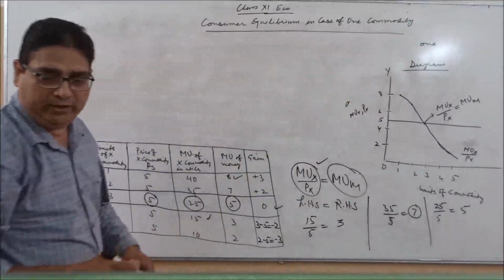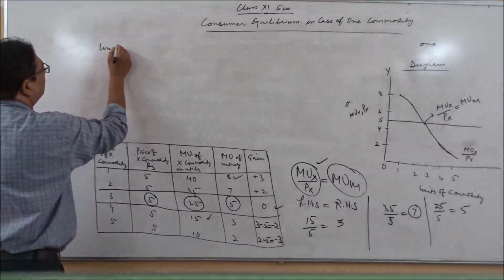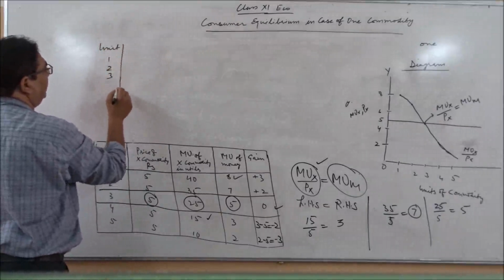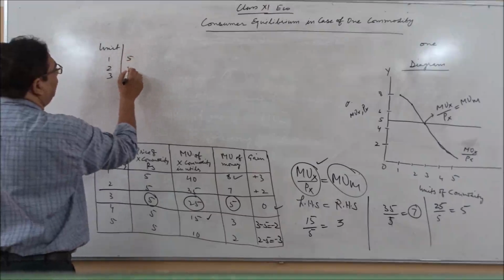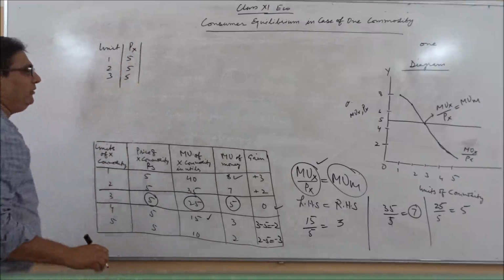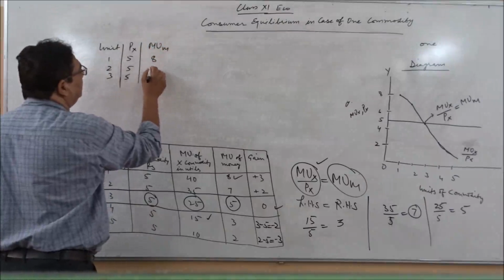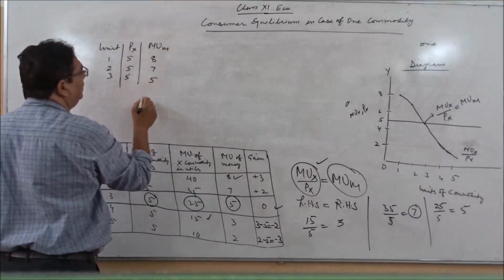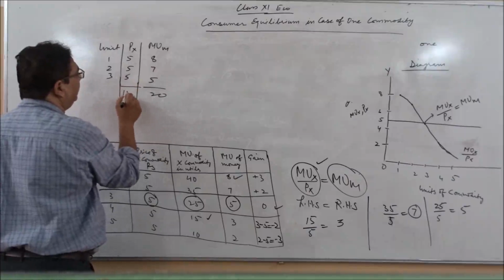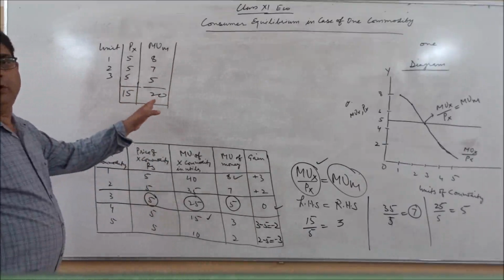We can show it by the purchase of units 1, 2, 3. He is paying the price of this commodity, 5 rupees each, and he is getting MUM equal to 8, 7 and then 5. So he is spending only rupees 15 here and getting MUM equal to 20.